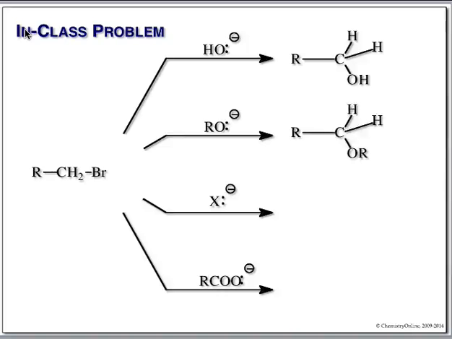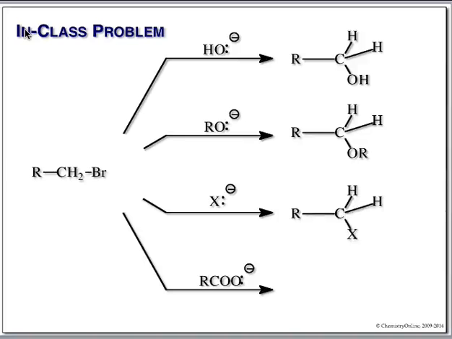X is what we use to generally represent halogens. So let's say we had iodide here. Iodide can attack, bromine can leave, and we get, in this case, the alkyl iodide. Finally, this is a carboxylic acid anion. Remember, we have a doubly bonded oxygen here and an O minus.